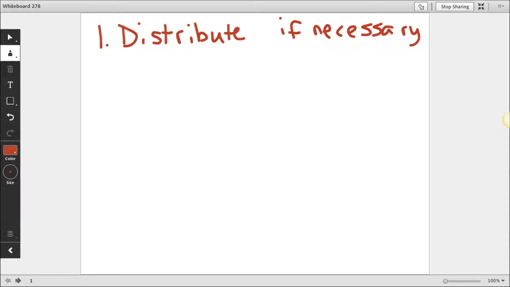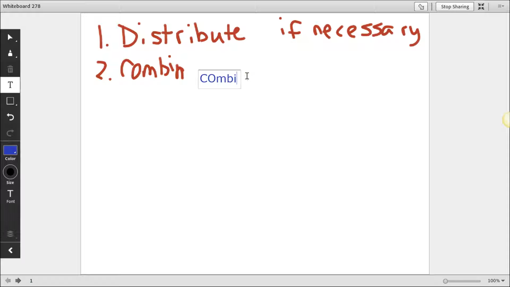All right, step 2, combine like terms on the same side. I'm going to try to type this out. But I said you can't move across that wall.